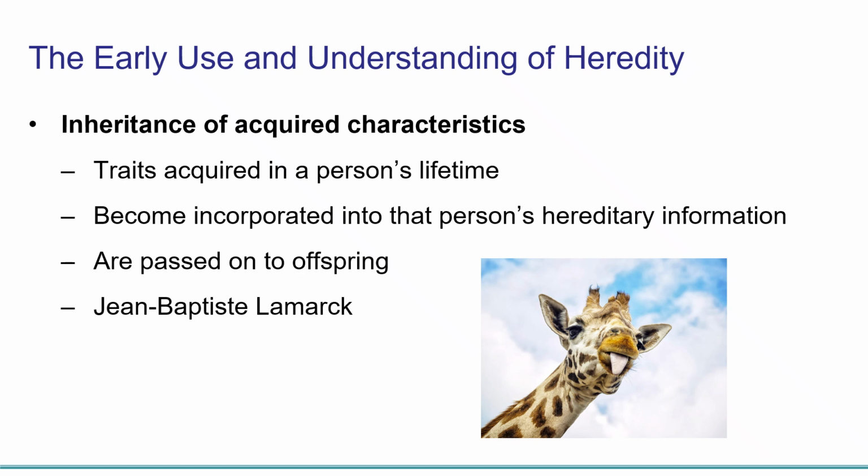For a very long time, people recognized that there was a transfer of characteristics from parents to offspring. Now, how that transfer actually worked wasn't familiar, and the nature of those characteristics, or the background for where those characteristics come from, was debated for a long time.